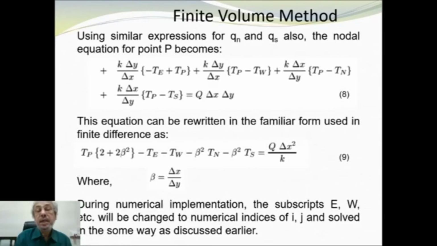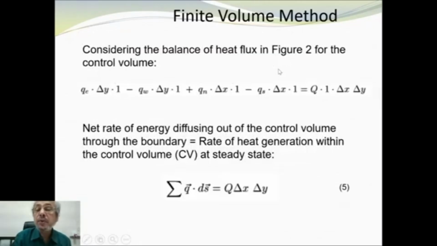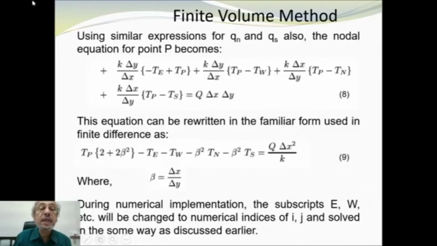So this way the lowercase qe, qw, qn, qs, if we write them into what we wrote in equation 5, we are evaluating the left hand side. That left hand side we can now write as K delta Y by delta X times (TE minus TP) and so on.